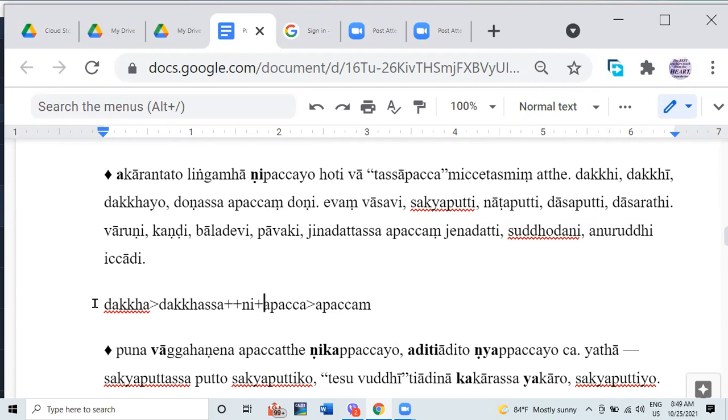To form these Dakasa and Apajan, according to Padarūpasiddhi, we need the corresponding suttas concerned, like Parivautani here, and Samit May Chetty, etc. These suttas are required to be able to form such words as Apajan, Dakasa, like this.